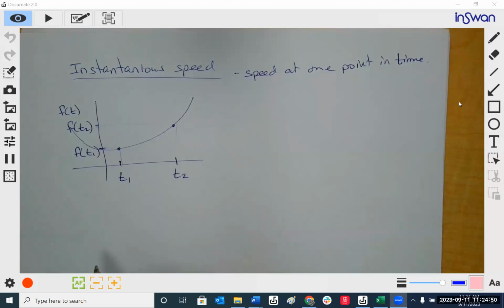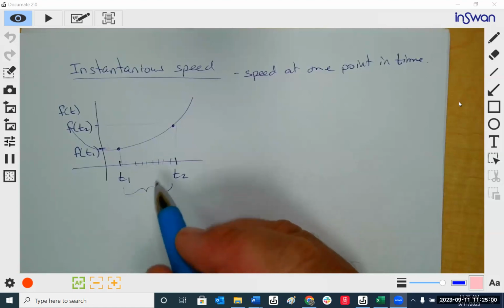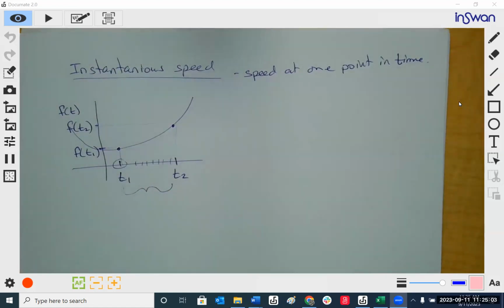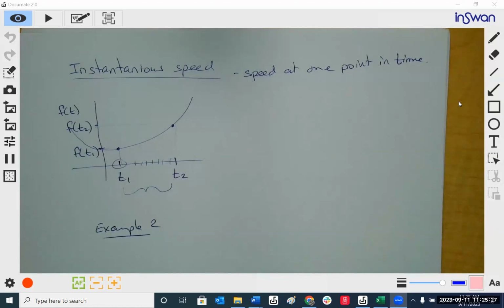This is average speed, this huge distance here. Now, as these get closer together, then we get instantaneous speed. So we have to look for smaller and smaller intervals. So how do we go about doing that? Let's look at example 2, which I'll finish writing down.